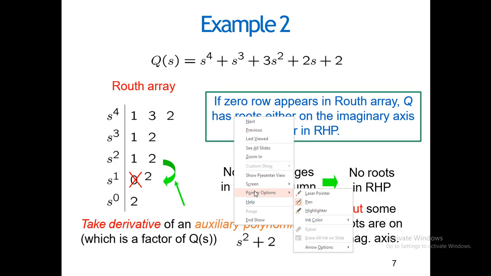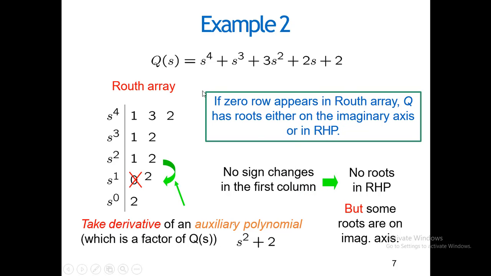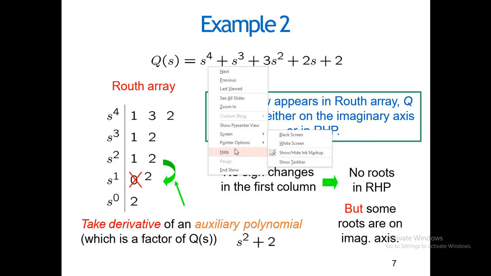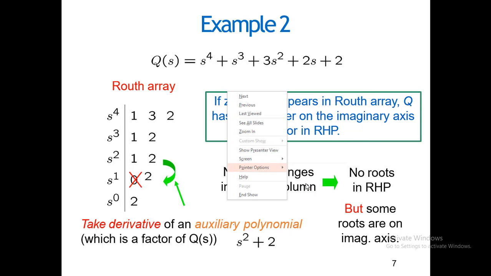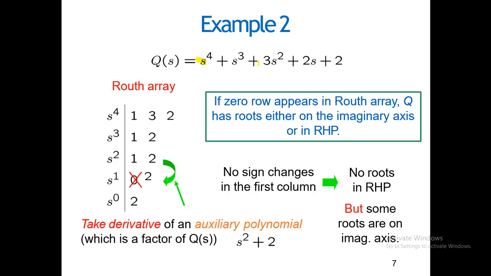Now let's talk about another example. This is the equation that is given to us, starting from s4 to s0: 1, 3 and 2, and then 1, 2 and 0, and then 1, 2 and nothing, so it is 0 over here.